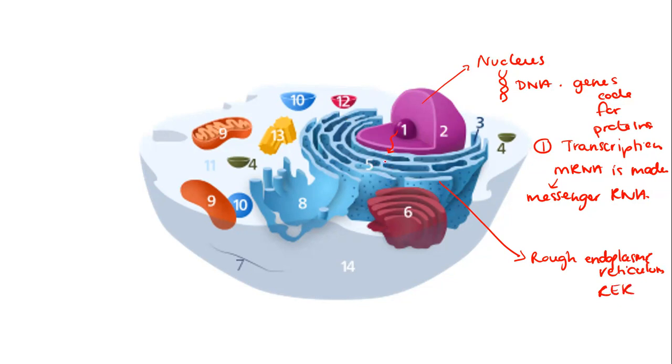Once inside there, it moves to the surface and attaches to one of the ribosomes on the surface. The ribosome is like a protein factory. The ribosome is going to translate the code on the mRNA strand to form a polypeptide strand.